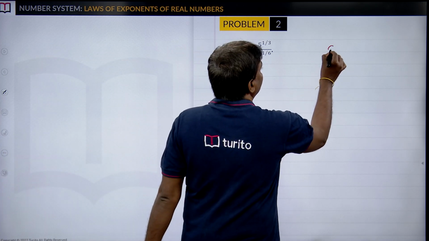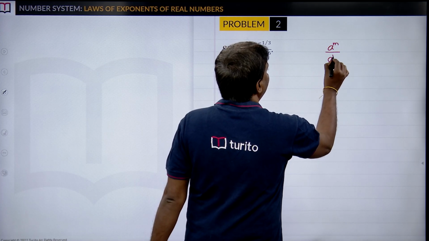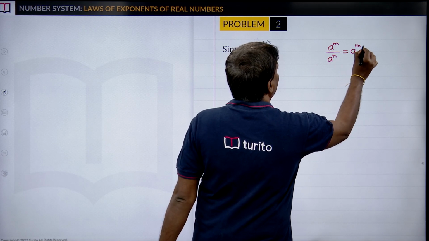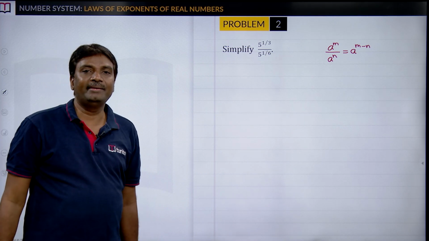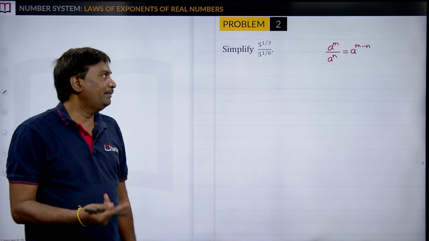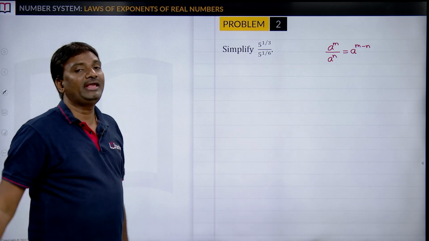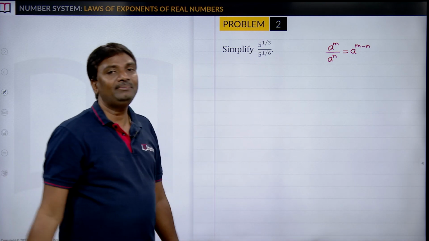So we know, according to the laws of exponents, a power m by a power n equal to a power m minus n. In place of a, we have 5. In place of m, we have 1 by 3. In place of n, we have 1 by 6.